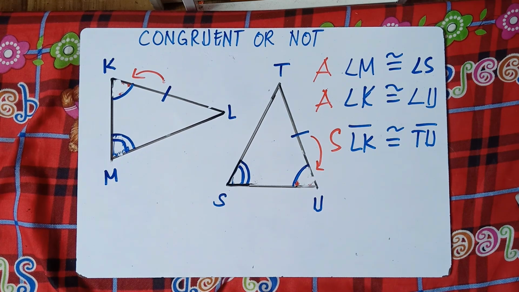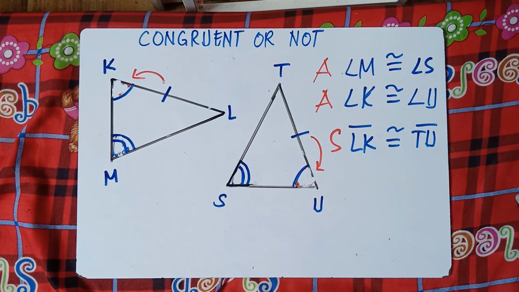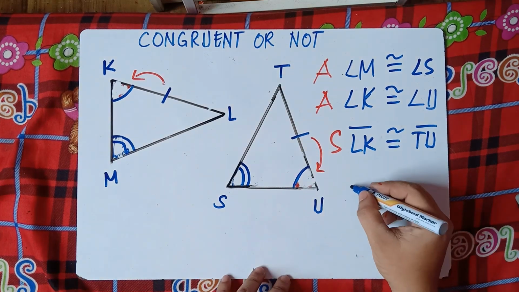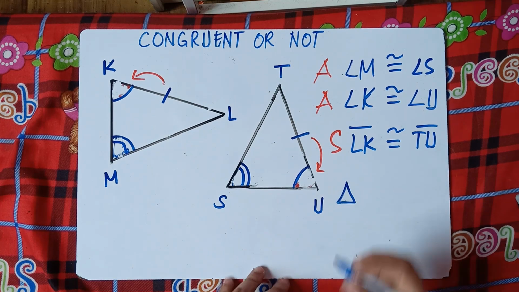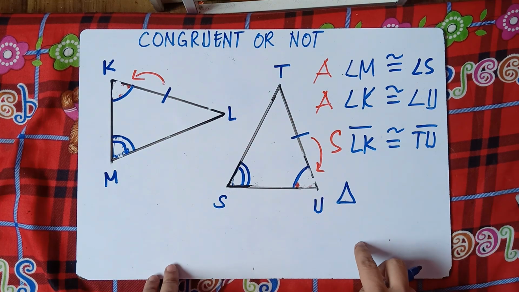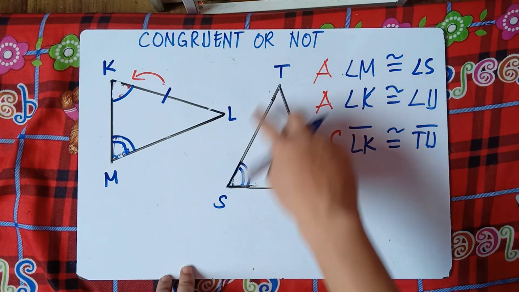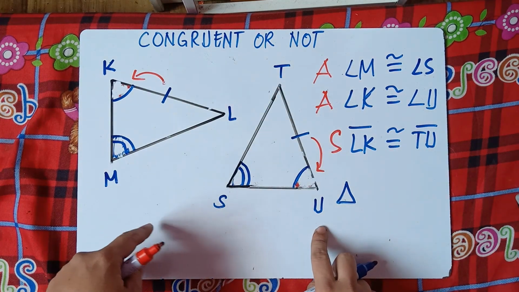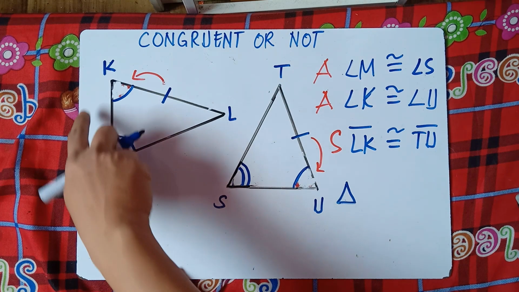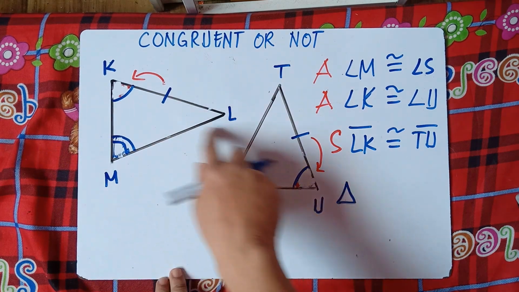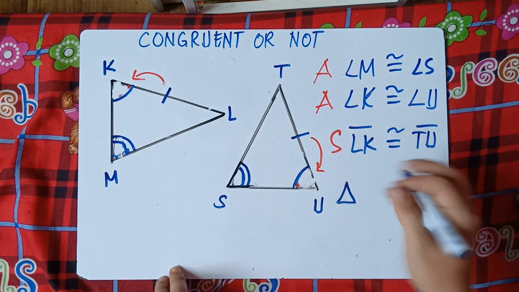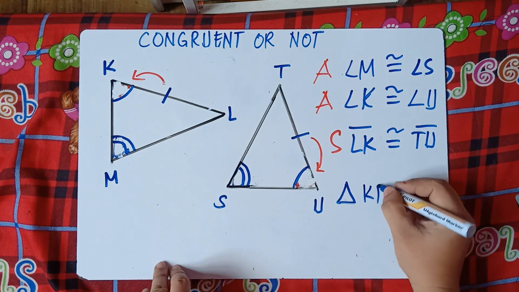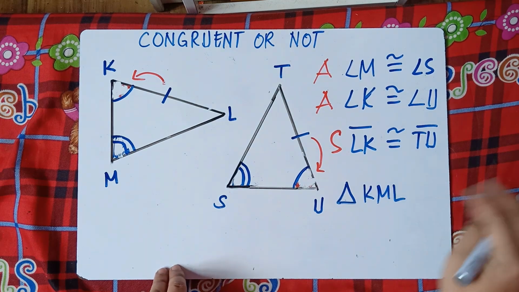So we have three pairs of congruent parts of the given triangles. So we can say the triangle, how will you read this one, class? If you read it TSU, you also do that in the other triangle. So we read it KML. Triangle KML is congruent.